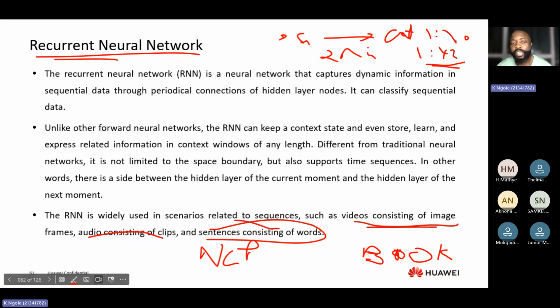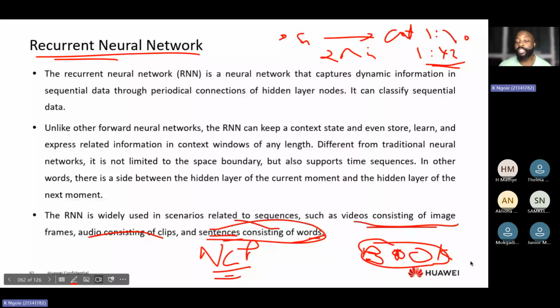No. But how do you know it doesn't? Because you've looked at the sequence of my sentence, what I said before. I am going to book for a flight. Whenever you're dealing with a scenario where you have sentences which consist of words, the meaning of this word book will depend on what is before and after this word.